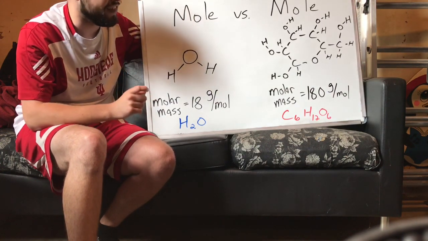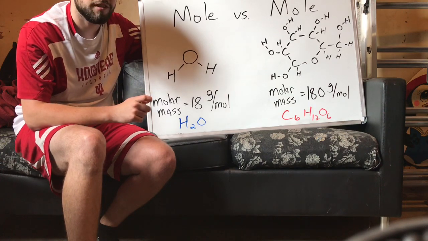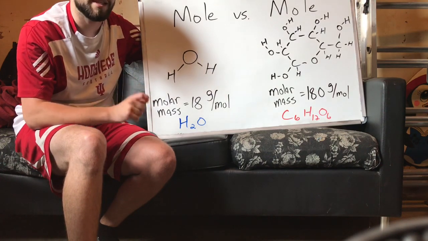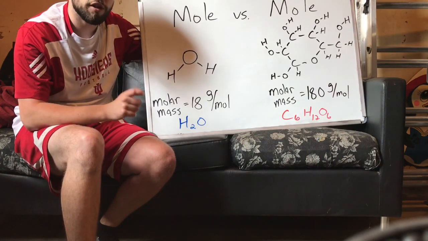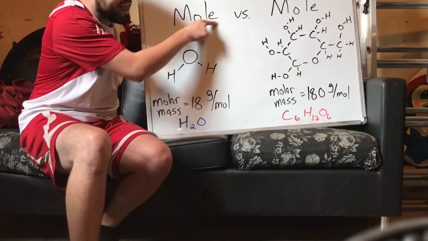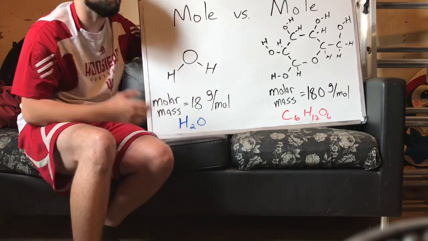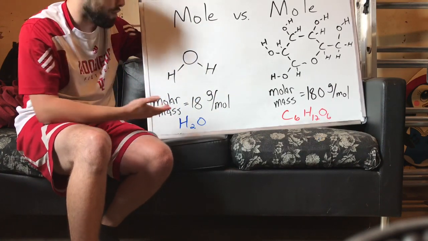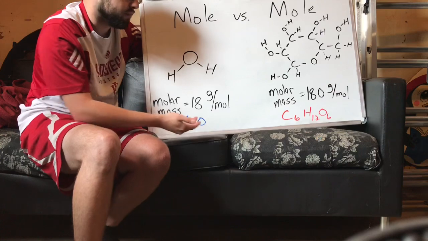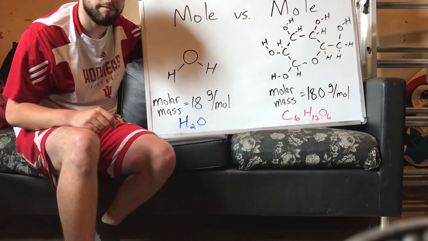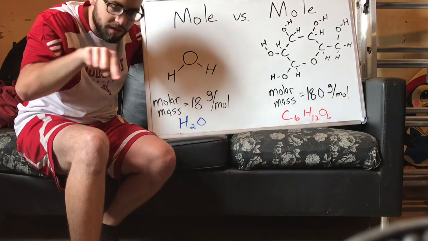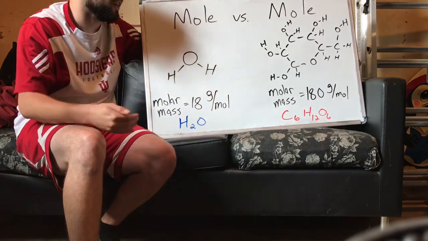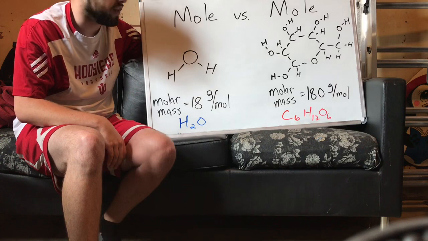So counting the individual molecules is not worth anybody's time. Instead of counting the individual molecules, we count the moles. It's much, much easier to measure out 18 grams or 180 grams as opposed to getting a microscope and counting all the molecules until you get up to 6.022 times 10 to the 23rd.